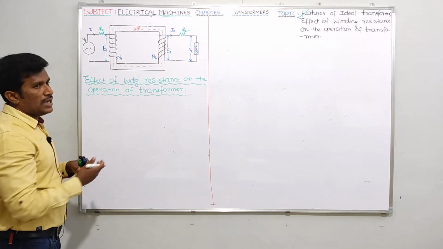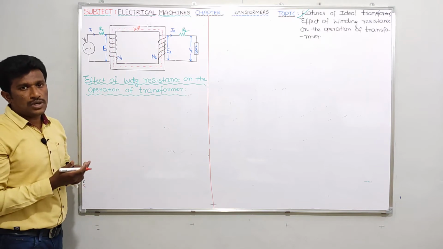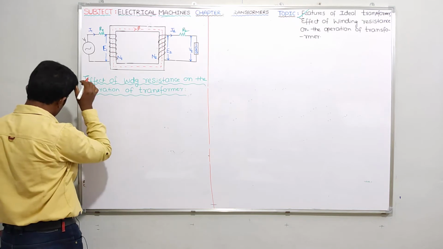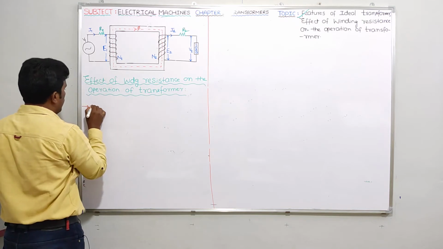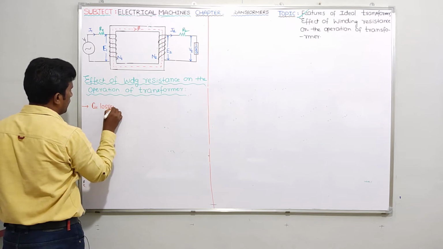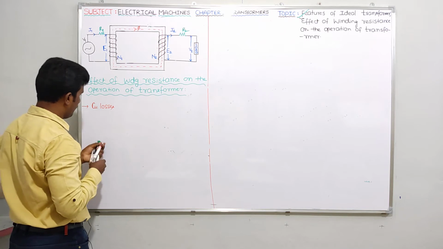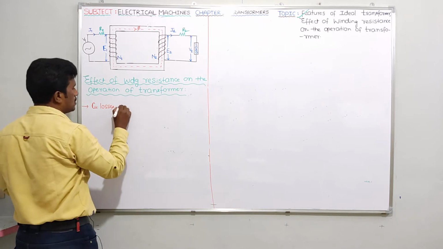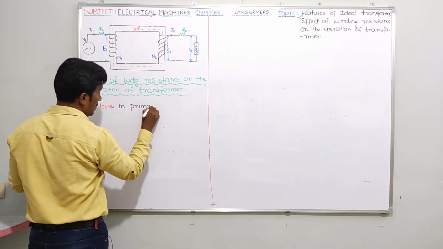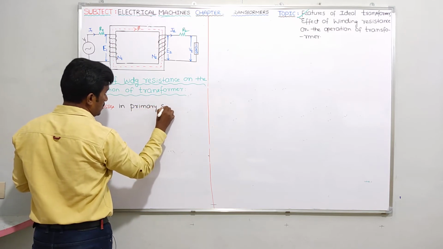Along with that, some copper loss will also be there. Let me write here, copper losses in the primary side is equal to how much guys?